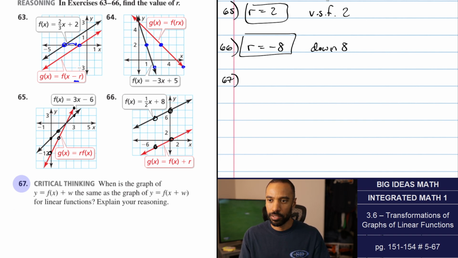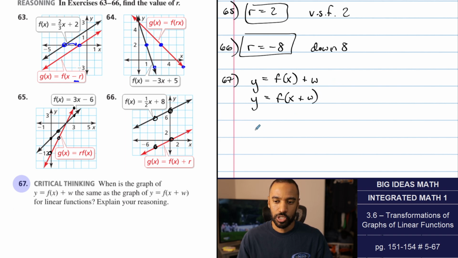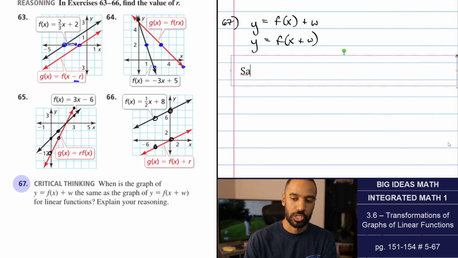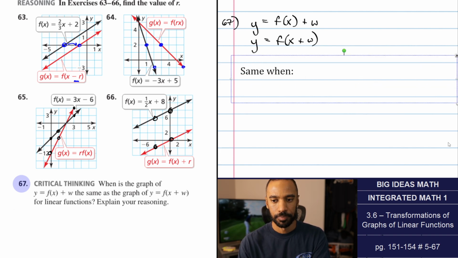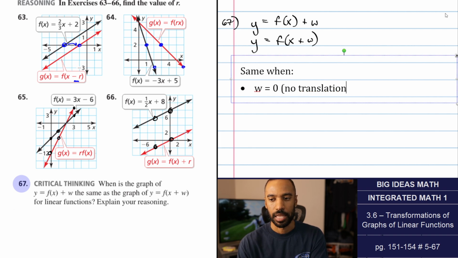So I have to think of how to get the best explanation out of it given f of x. But if I have y equals f of x plus w, which means translate w units up or down, depending on the sign of w, or not at all, and y equals f of x plus w, they are the same when, one case I can think of for sure, w equals 0, that means there's no change, no translation whatsoever, that means they're the exact same.